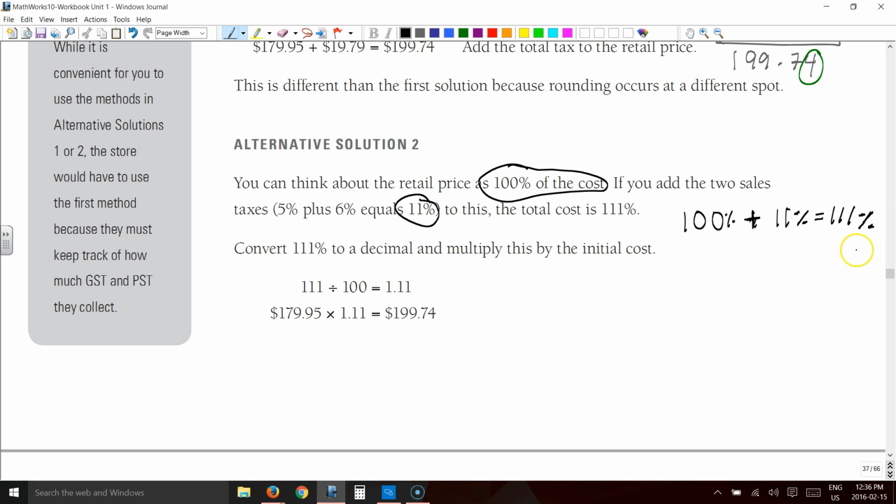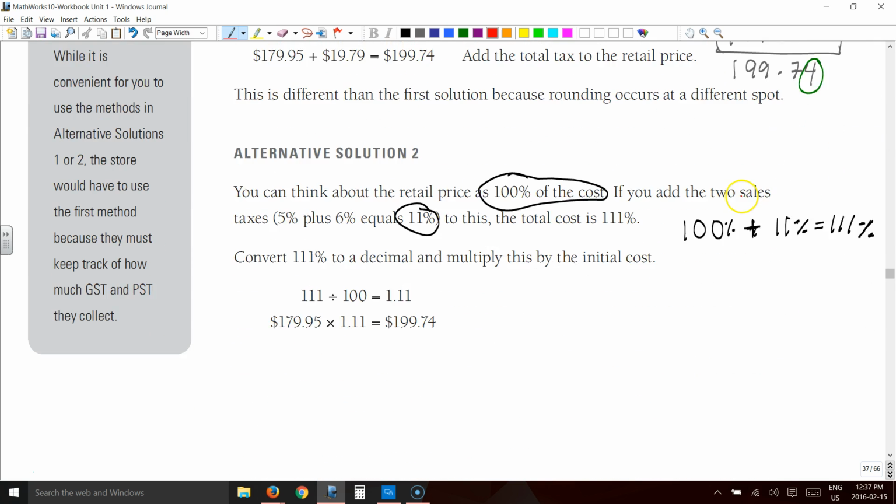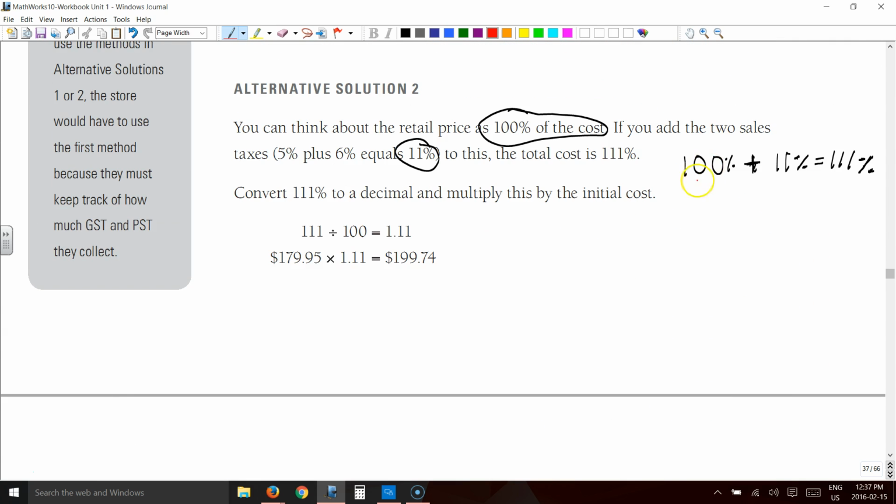So that's a good thing to recognize, because we can simply take the 111 and that is going to account for the... oops, let's try that again. That 100% is the price tag.